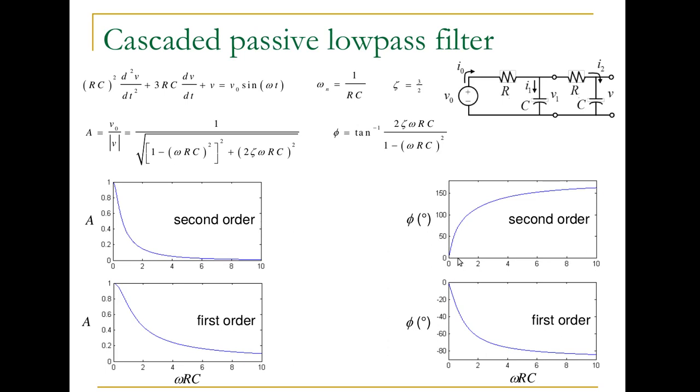And also now the phase shift is shifted twice, so instead of being a negative phase shift, we end up with a positive phase shift. So we have a steeper roll-off, which is the amount that the output decreases as the frequency increases, and a double phase shift.